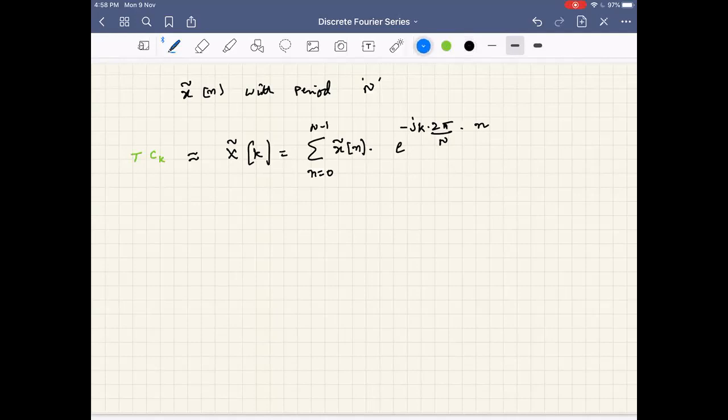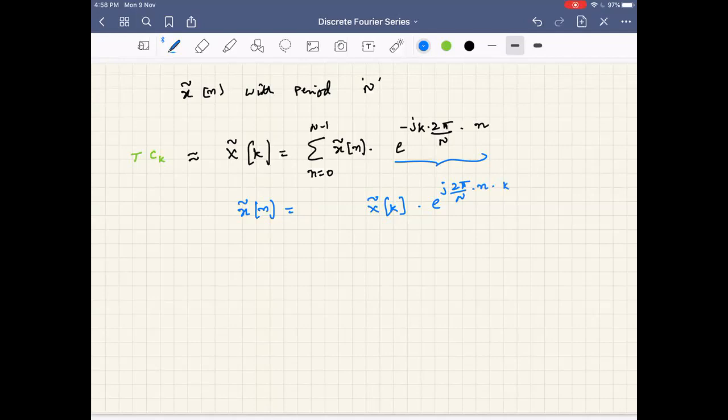And let us write the synthesis equation now. x tilde of n, if we wish to write it from x tilde of k, right? So what do we consider here? We consider here the inverse of these basis functions, which are seen here. Inverse of these basis functions, which is e power j 2 pi by N into n into k, right?